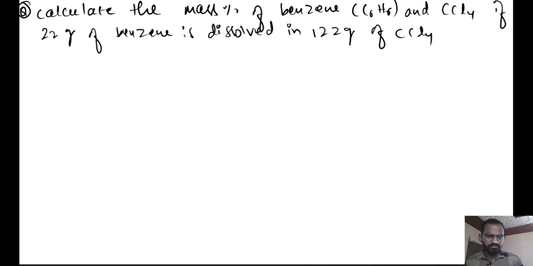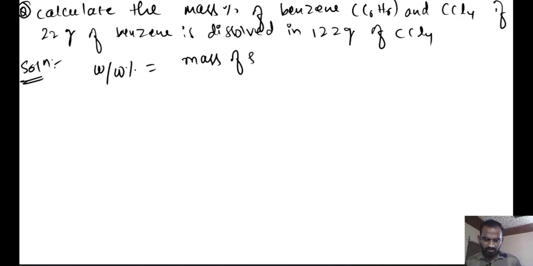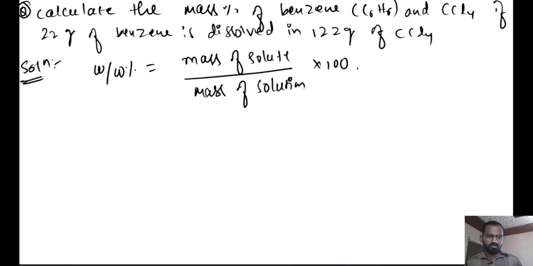So now let me start with the solution. How can we calculate the mass by mass percentage, W by W percentage, they are asking. What is the formula of W by W percentage? It is equal to mass of solute by mass of solution into 100, right? Now what is the given data?